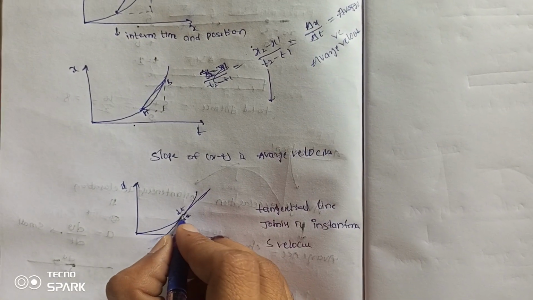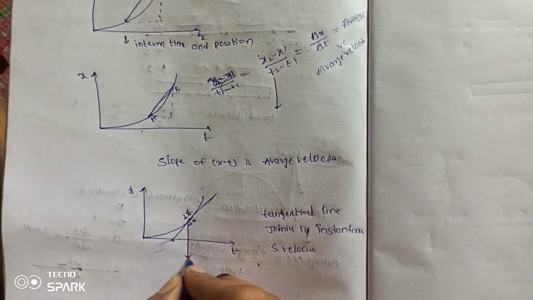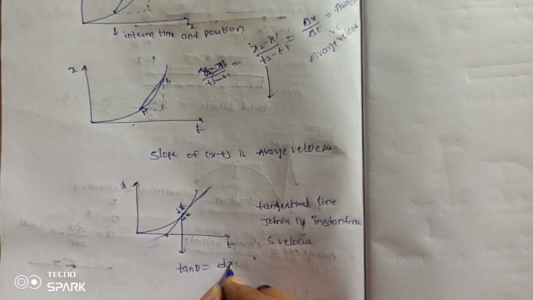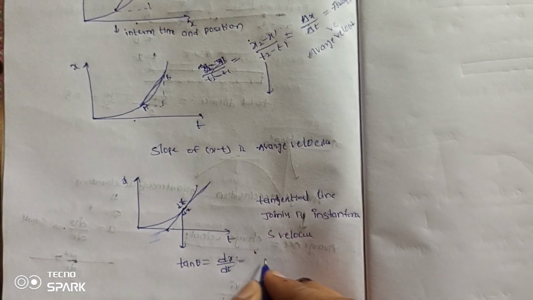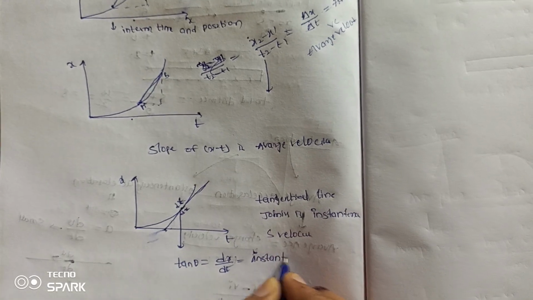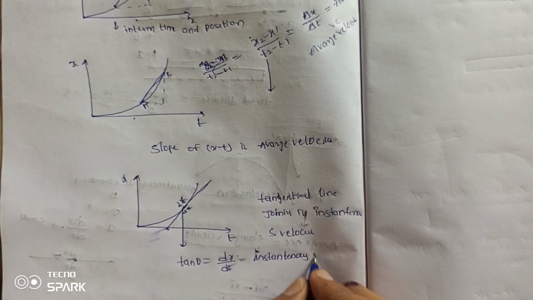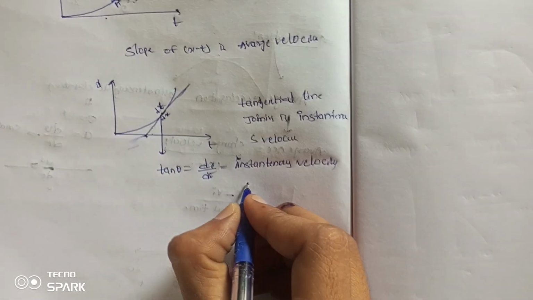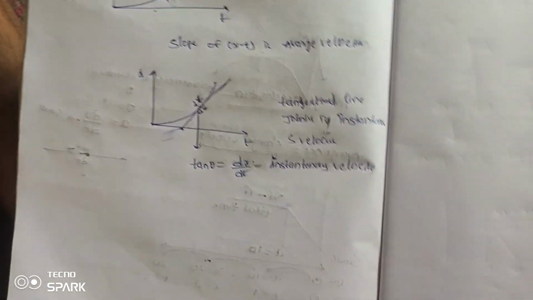Drawing the slope, tan theta equals dx by dt, which is the instantaneous velocity. It is clear.